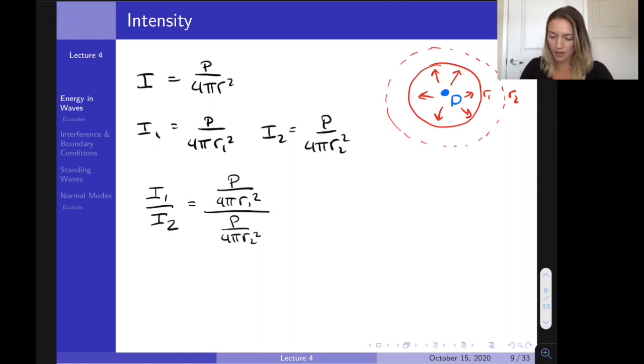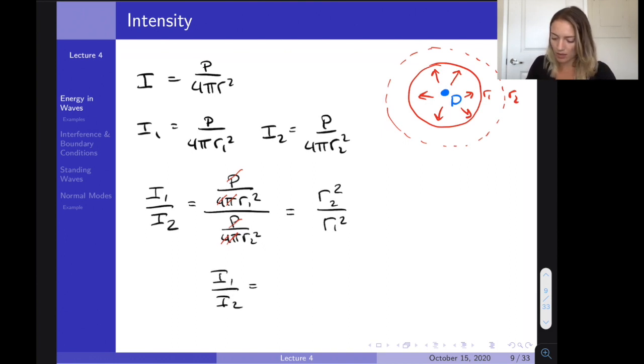And now when you simplify this, you'll see that the powers cancel, obviously the 4 pi's cancel. And then R1 squared goes on the bottom, and R2 squared goes on the top. So I get left with R2 squared over R1 squared. And that's our intensity relation between 2 points that we just had on the previous slide.